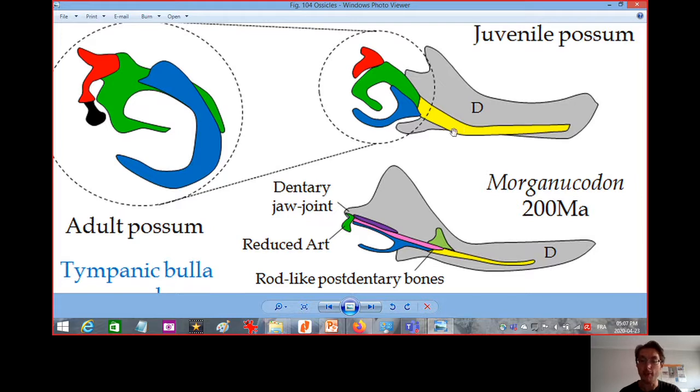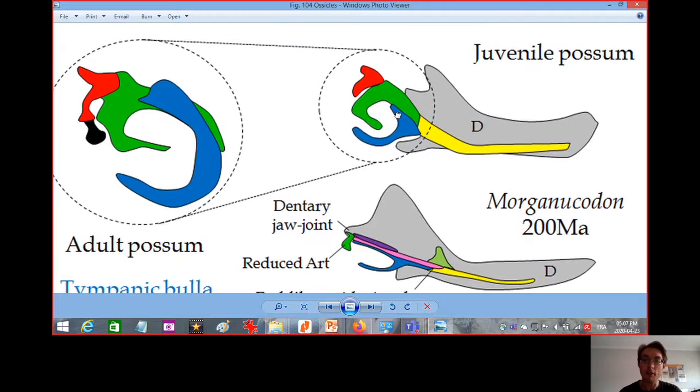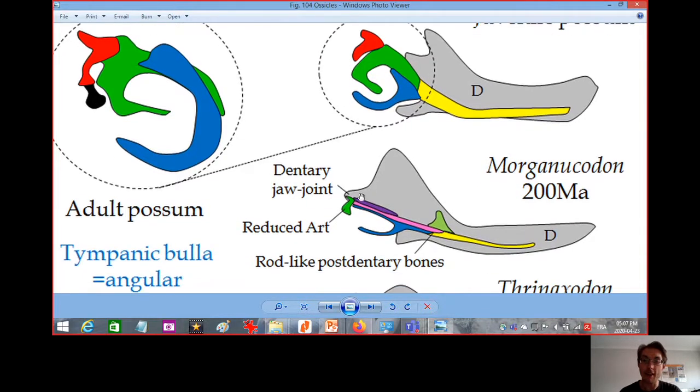And now you see why it was important to introduce that term when we talked about fish. This yellow thing here is called the Meckel's cartilage, and it's the equivalent of the rod-like postdentary bone here. And here you have all the bones that are attached at the back of that postdentary bone.